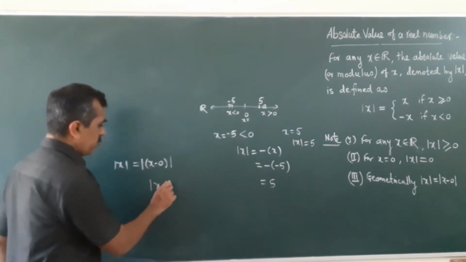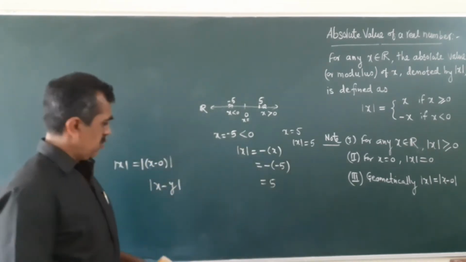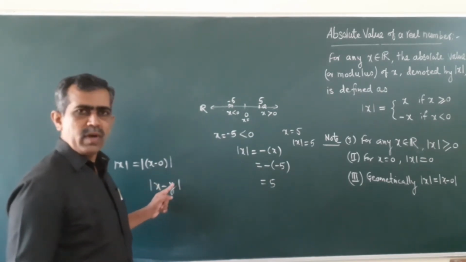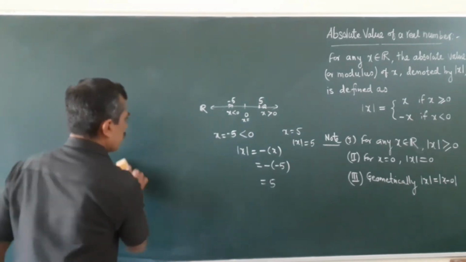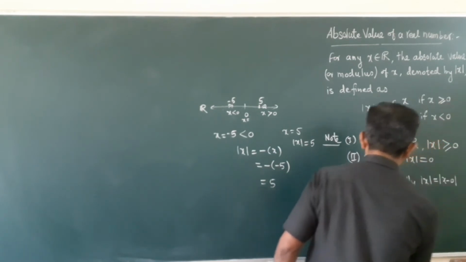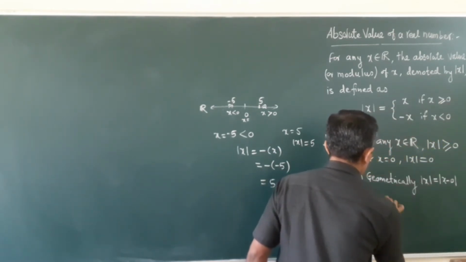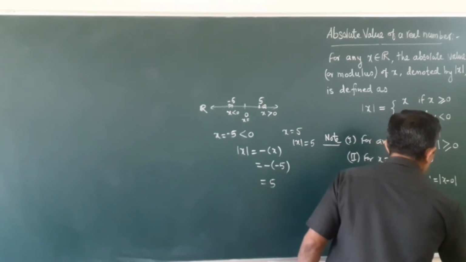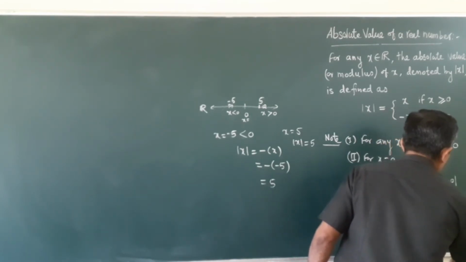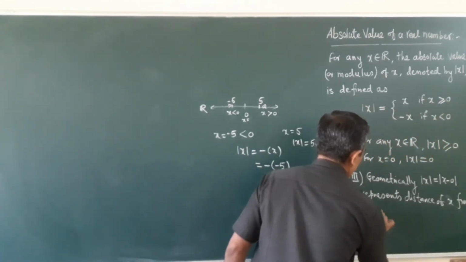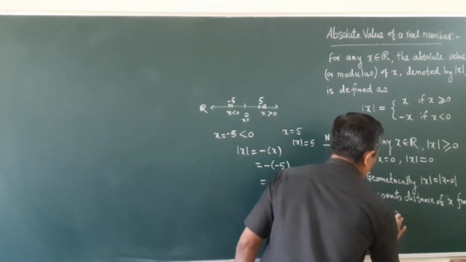If I write x minus y, mod of x minus y, then it is the distance of x from y. So geometrically, modulus of a real number, that is mod x, represents the distance of x from origin 0.